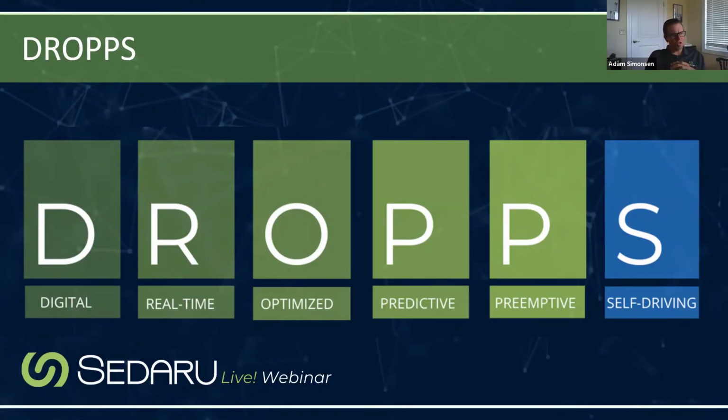So we're going to talk a lot today about the D, R, and O pieces of DROPS, right? We're going to think about how we're collecting data digitally and using it in real time, and then using that to optimize our decision making and our approach to a lot of the things that we're doing.